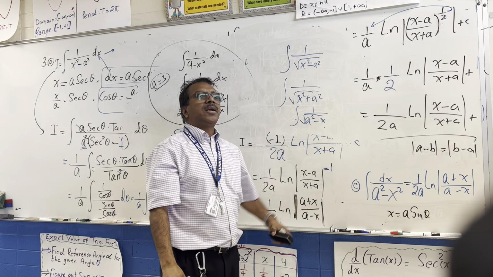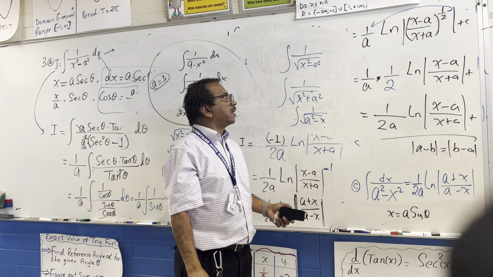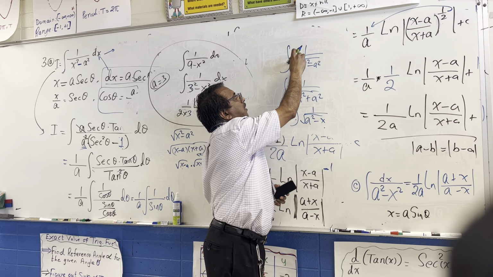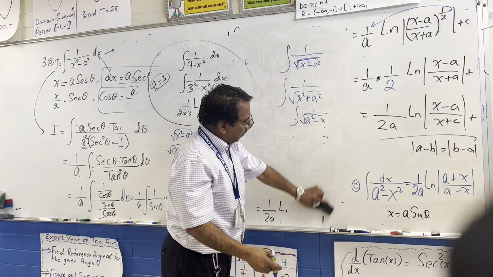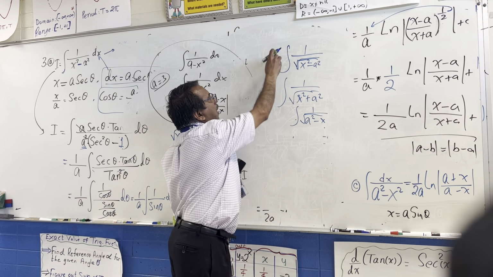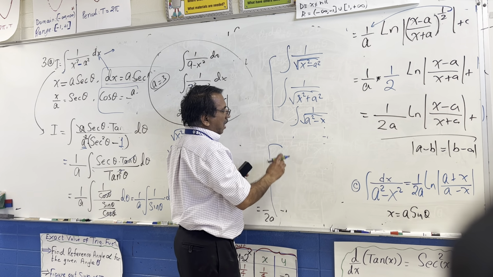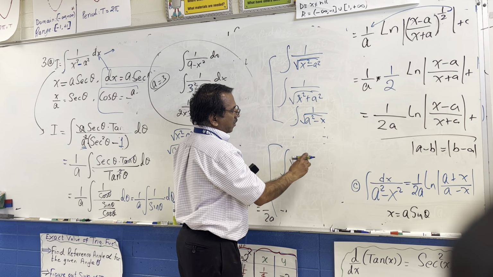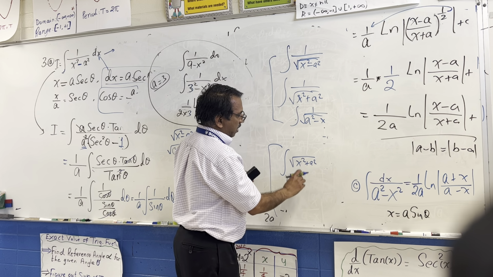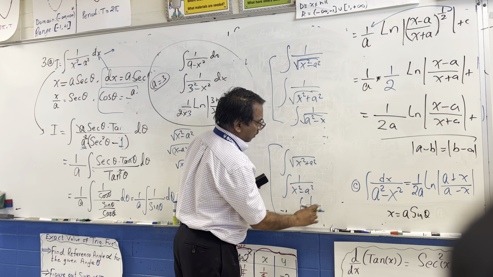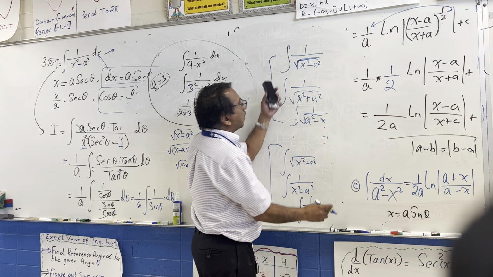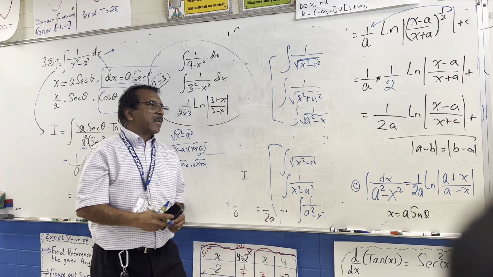The one that we did was without a radical sign, but what if there is a radical sign? So two more videos will be shown, one group for this, and then another group for the integral of x squared plus a squared. So this is one more set of groups that we need to know.